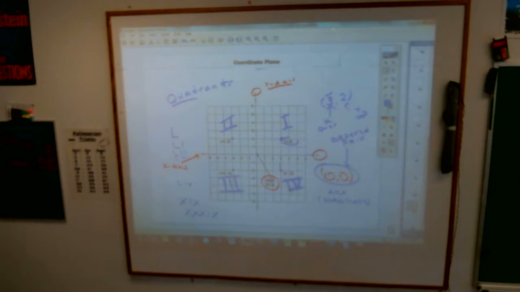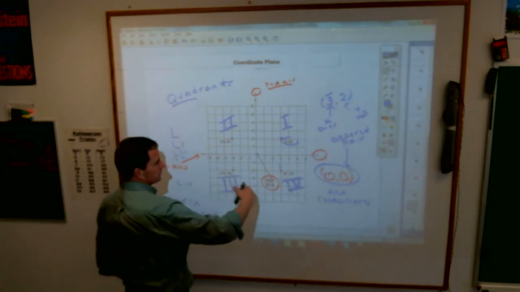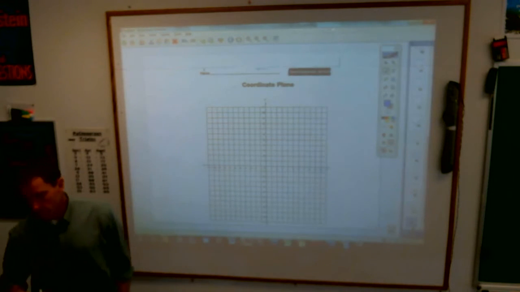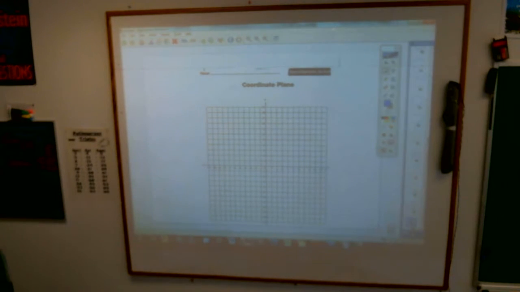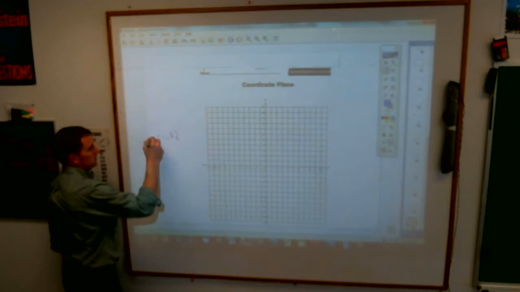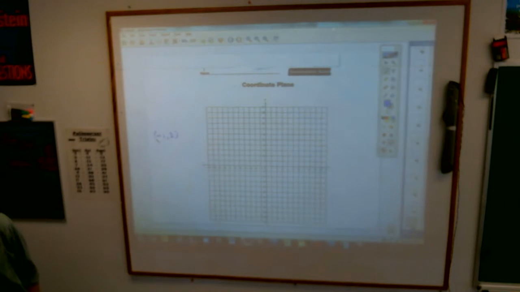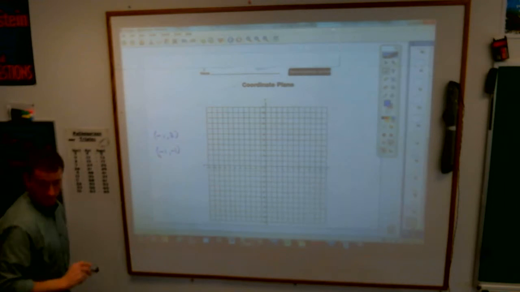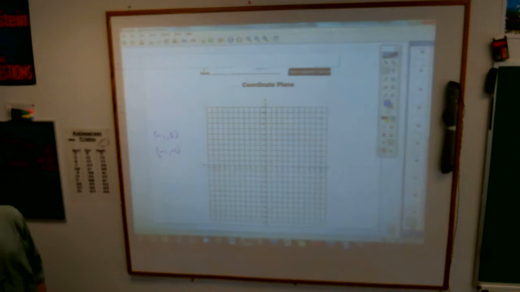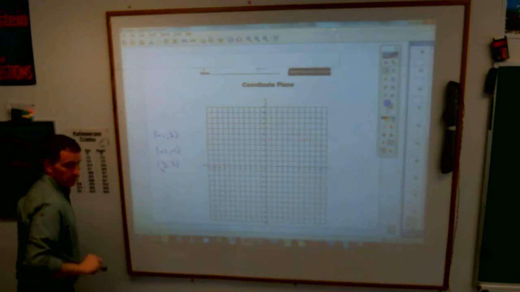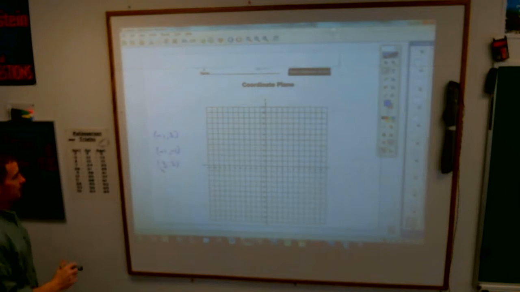Here's what we're going to do, I want you to graph this rectangle for me. I'll give you the points and you're going to graph it. Here are your ordered pairs: -1, 2; -1, -1; 3, 2; and 3, -1.